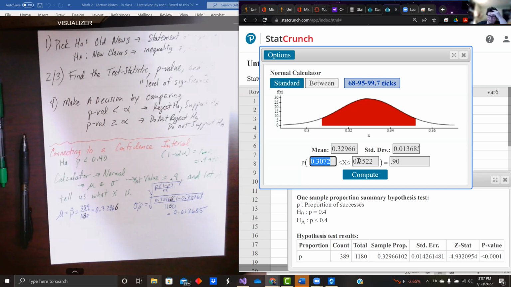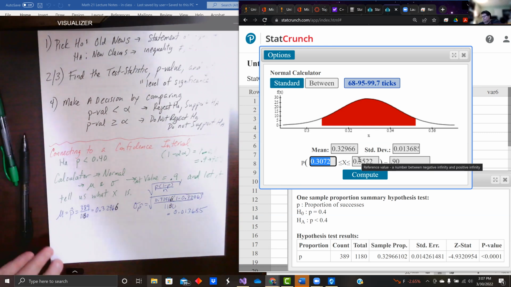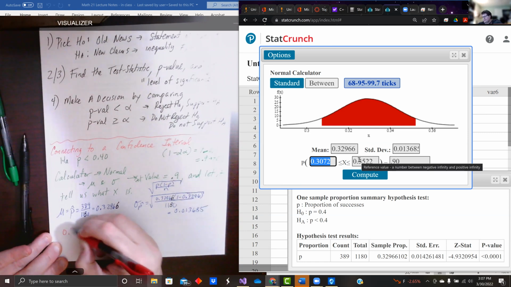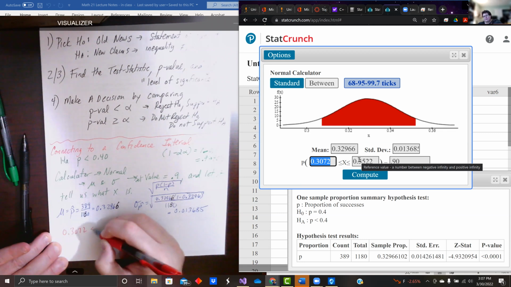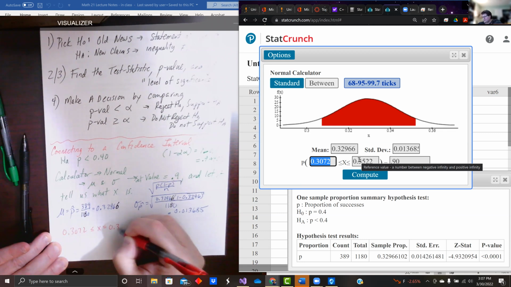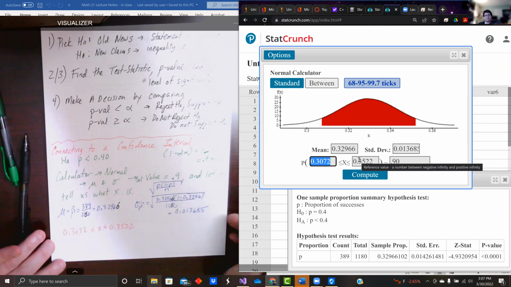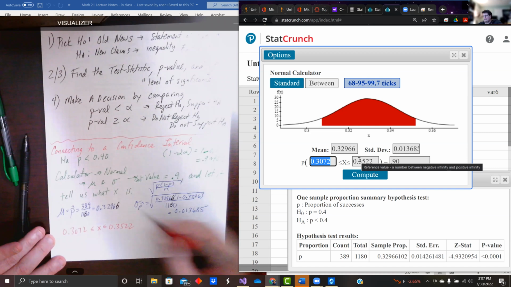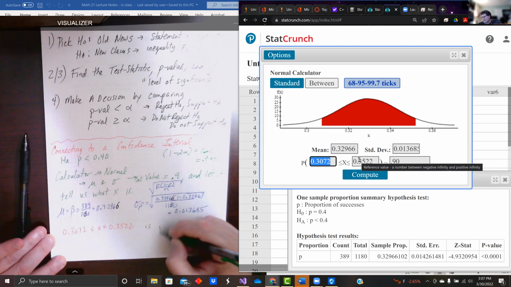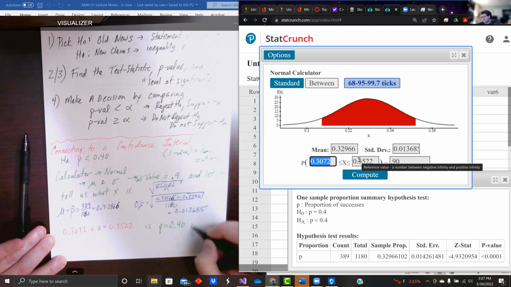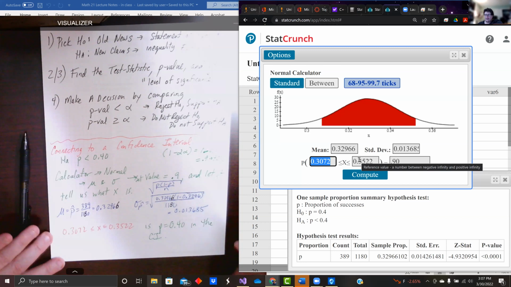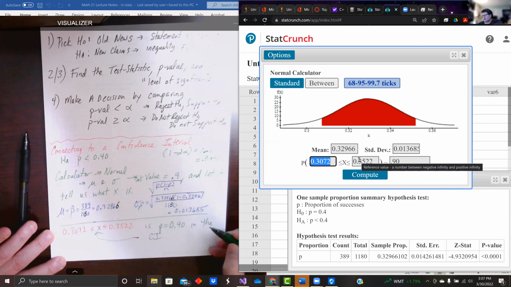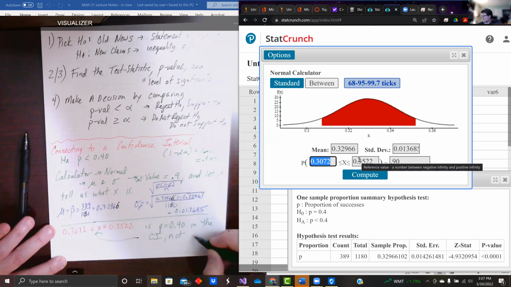Sorry. Brain farting. So we were checking for, notice it says 0.3072 is less than or equal to X, less than or equal to 0.3522. We were checking to see is P equals 0.40 in the range, in the confidence interval. When you do the confidence interval test, you're checking to see if it's in there. 0.40 is not in there. So we reject it.